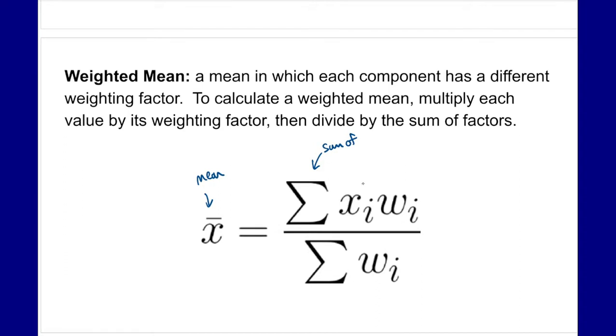So the sum of a component multiplied by its weight factor divided by the sum of the individual weight factors. So they're both weight factors. So essentially we're taking each value, multiplying it by its weight, dividing by the total weight.